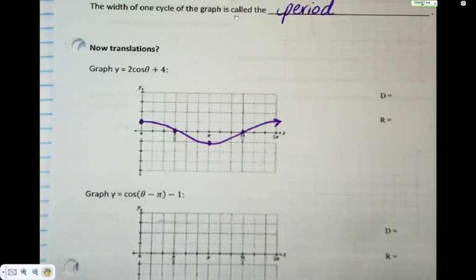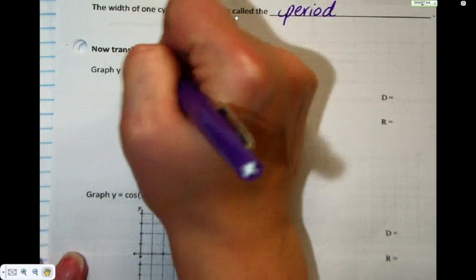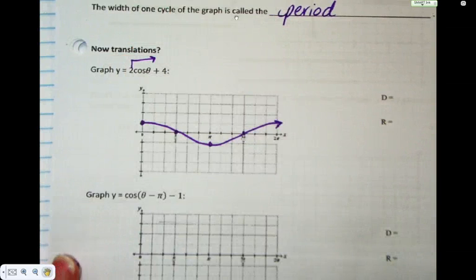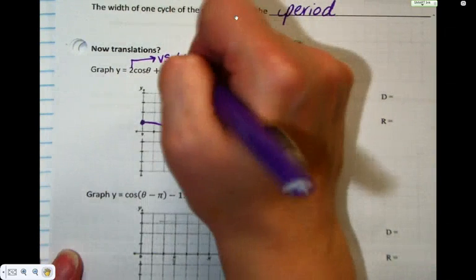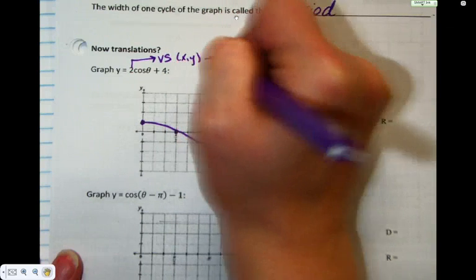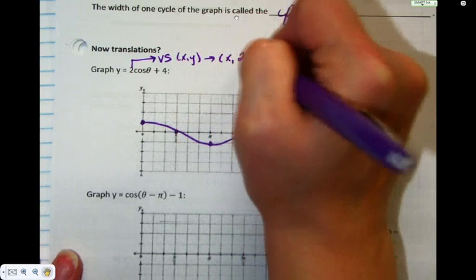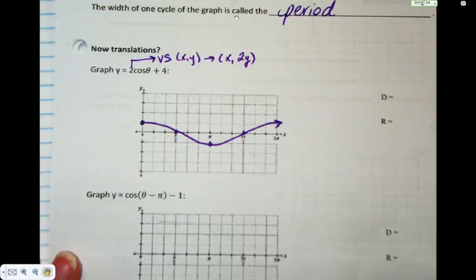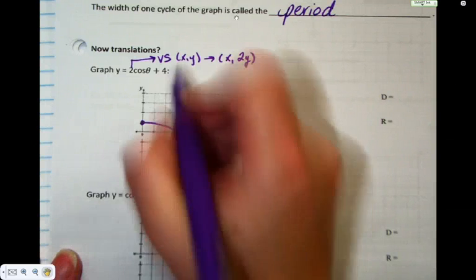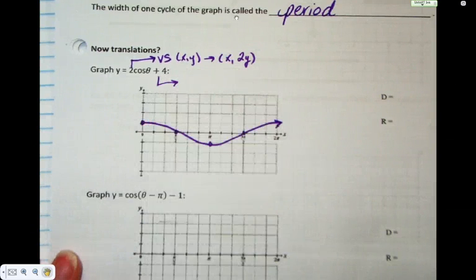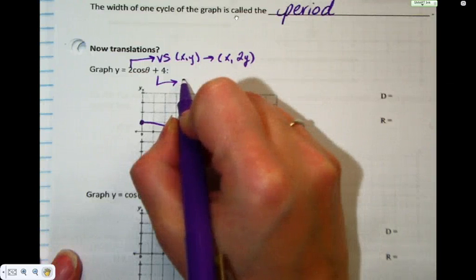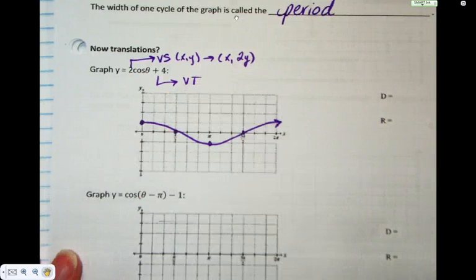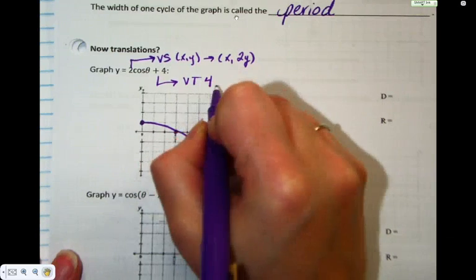Let's identify the transformations. What's the 2? (x, y) goes to (x, 2y). What's the +4? 4 units up.